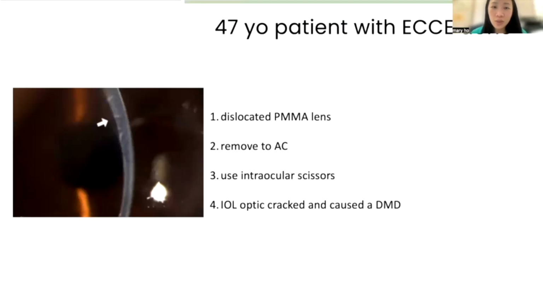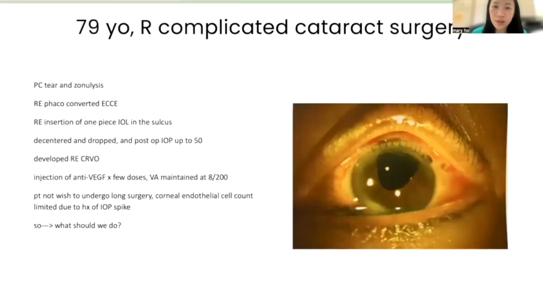But when you cut it, it's really hard. It breaks inside the eye like an explosion and causes a scratch at the endothelium and causes a DMD. So eventually we had to put in SF6 for repositioning of the DMD. And now currently the patient is doing well.